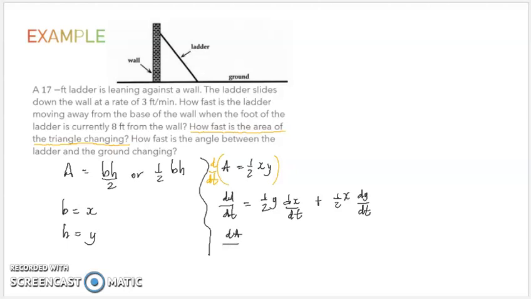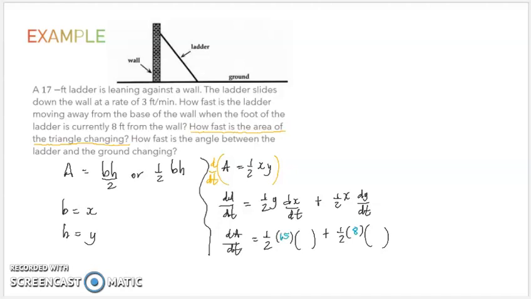So let's plug in the data that we have. We have 1/2, we have a y, we have dx/dt, plus 1/2, we have an x, and we also have dy/dt. So x was 8, y was 15.